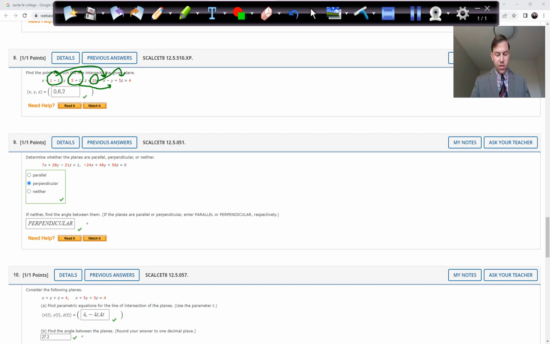So we're actually just going to replace x, y, and z in the plane equation with the parametric form. So x is going to become 1 minus t. Then it's minus y, but y is really 5 plus t. Then it is plus 5z, but z is really 2t. And that's going to equal 4.